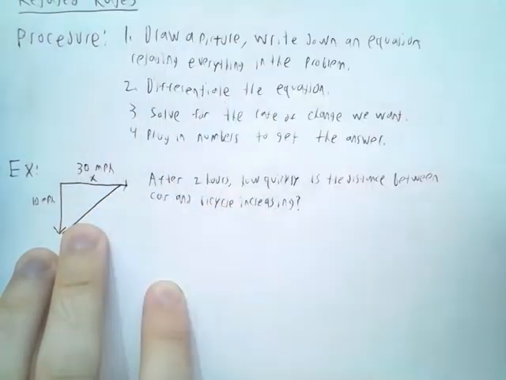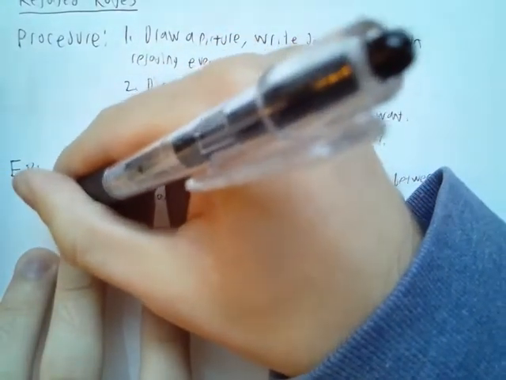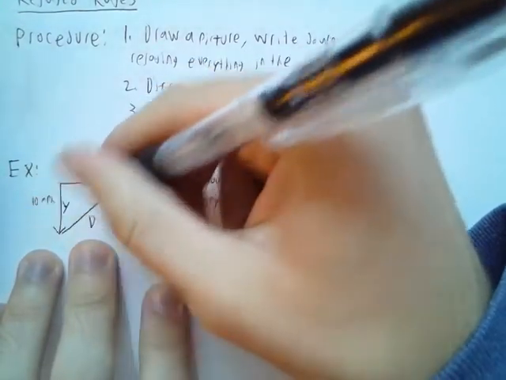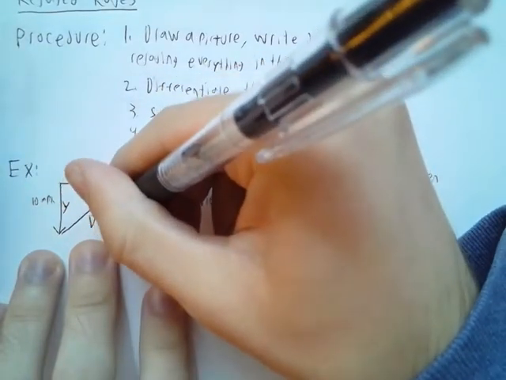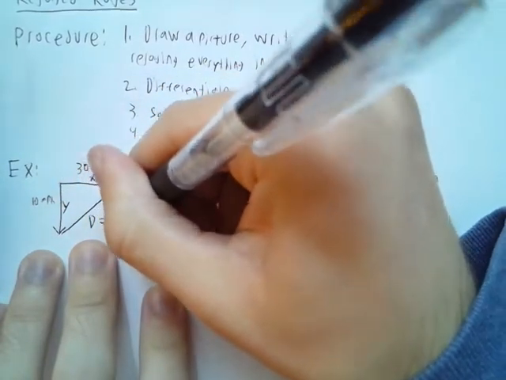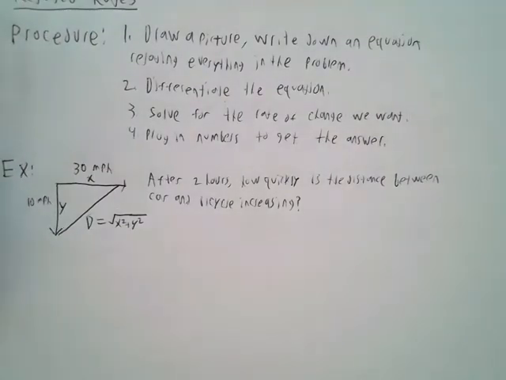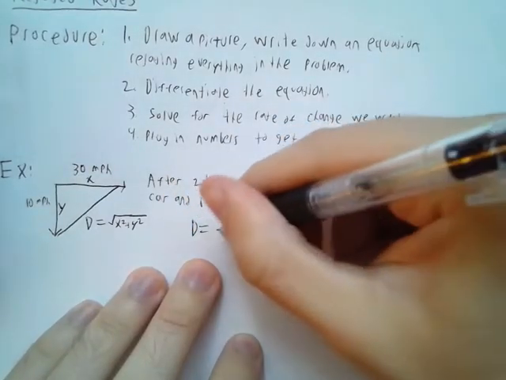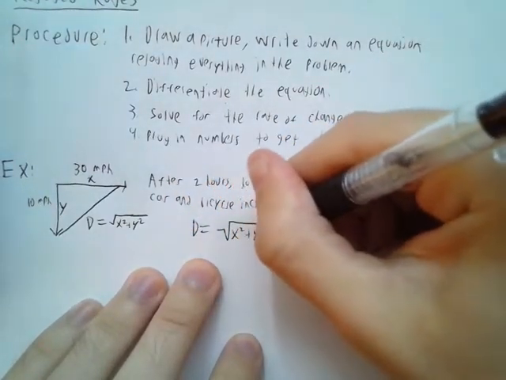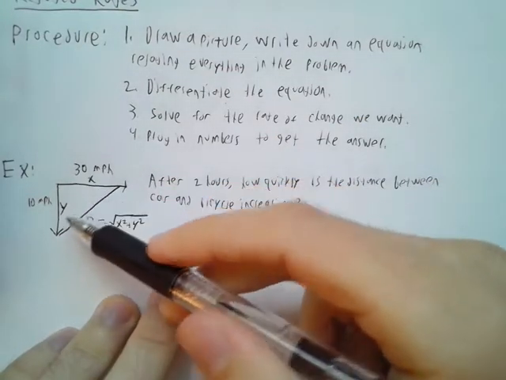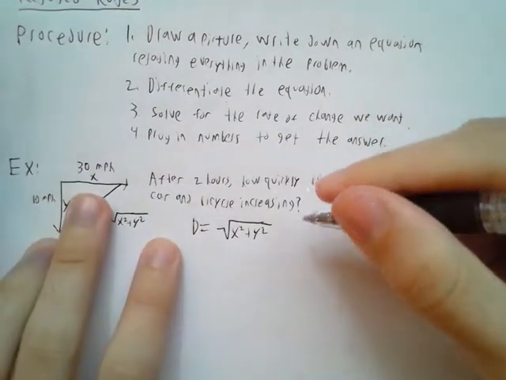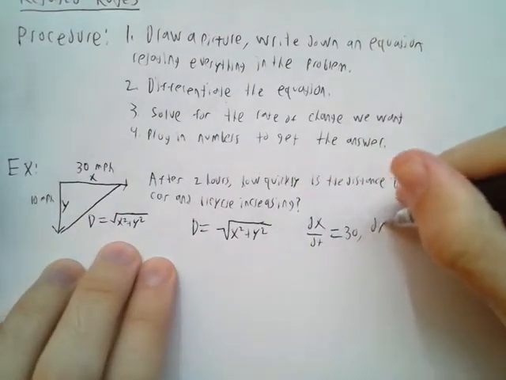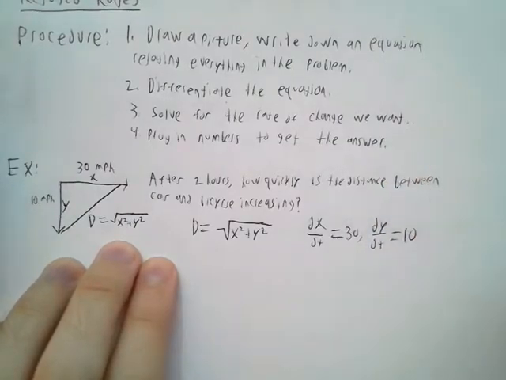So if x is the distance the car has traveled, and y is the distance the bicycle has traveled, then we know that the distance between the two, d, is equal to the square root of x squared plus y squared. So that's going to be our equation. And we know from the information given to us that dx/dt is equal to 30, dy/dt is equal to 10.